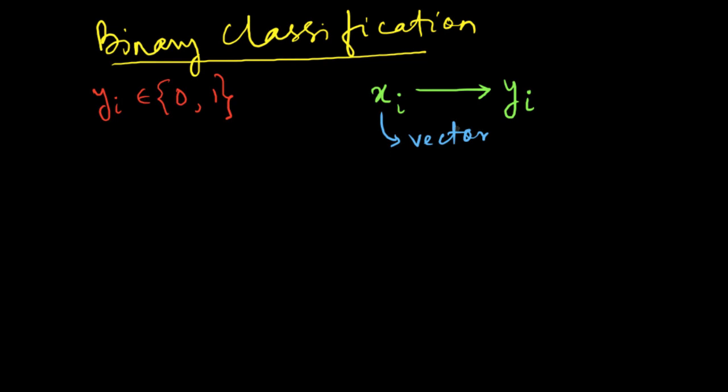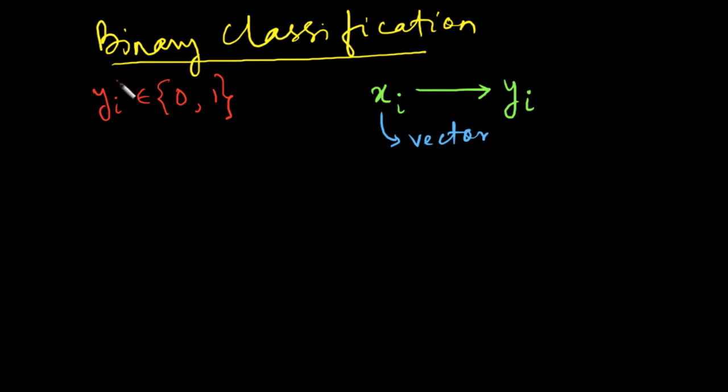Or for example, the length of the email. There could be many such features which could constitute each input data point, and that's why each input is a vector. Now in supervised learning, your output yi could also be a vector, as it is in the case of multi-class classification, which we will see in the next video.